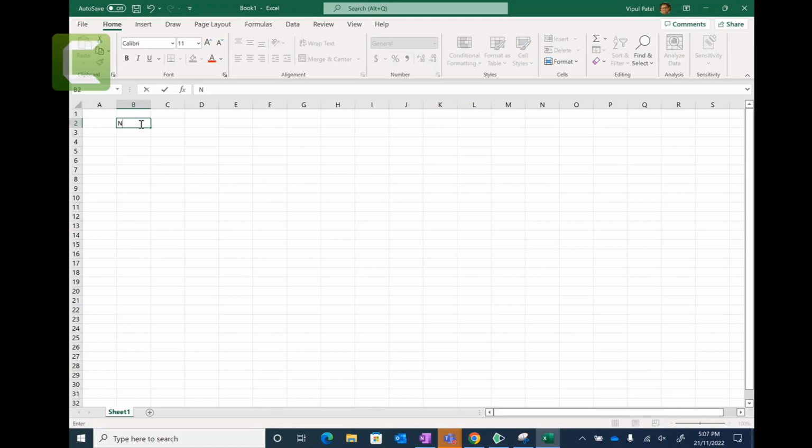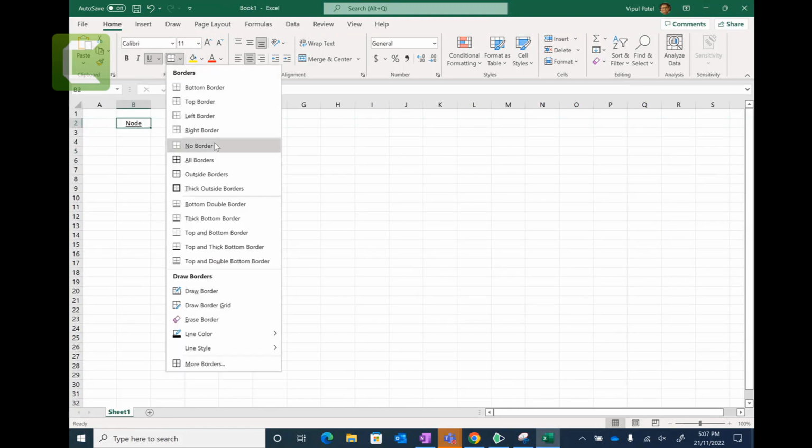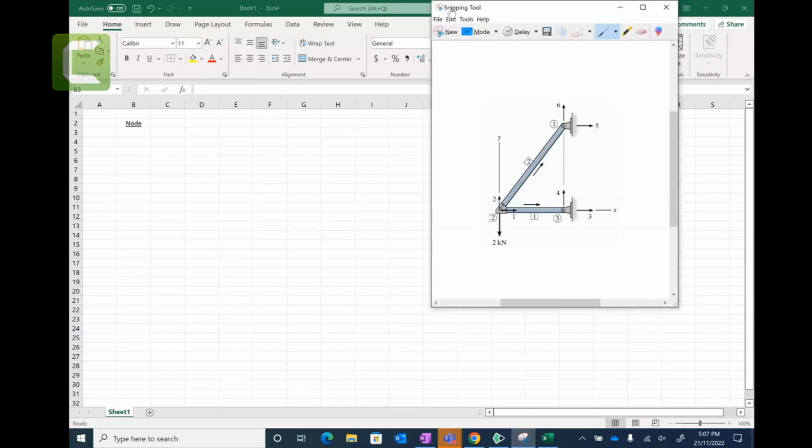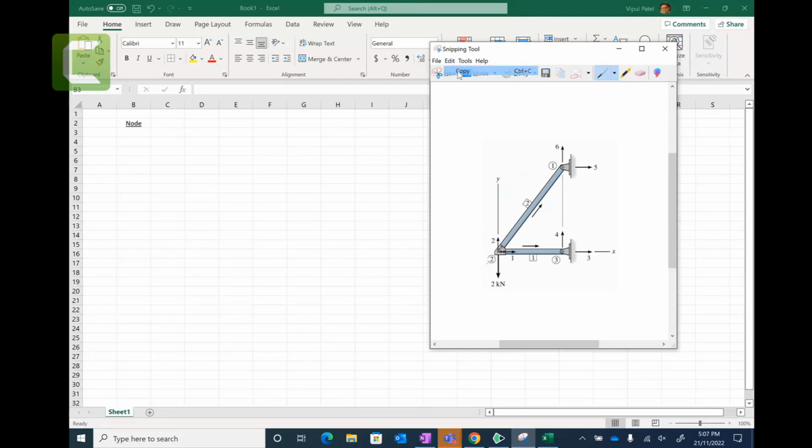How many nodes do we got? So let's write the nodes here. If you want to follow, just open Excel and write the nodes. Oh, let's get the figure by the way. Copy.